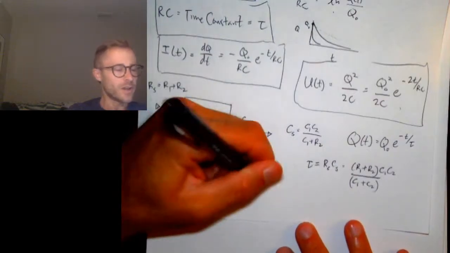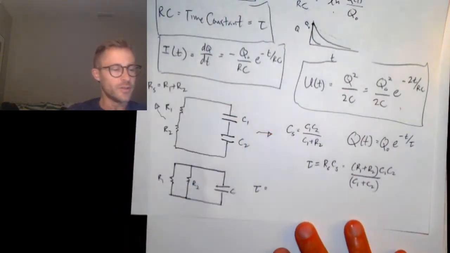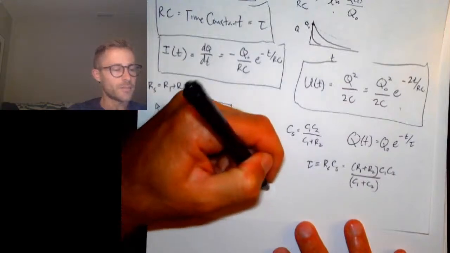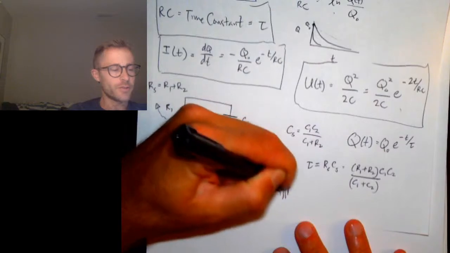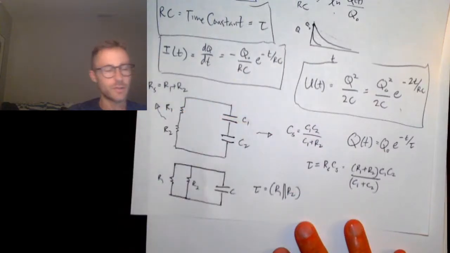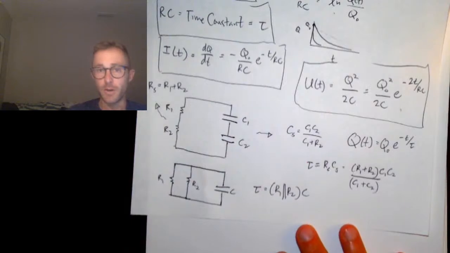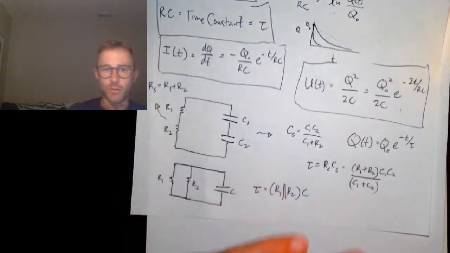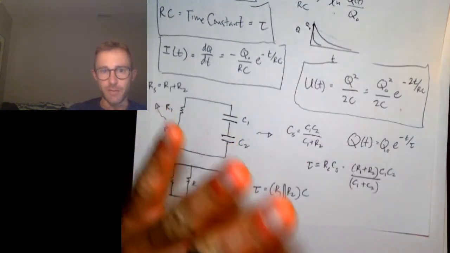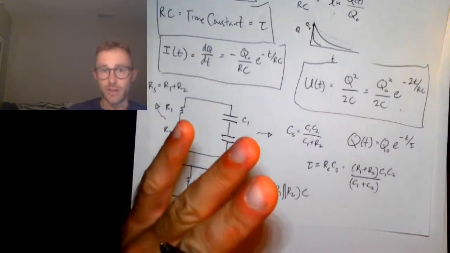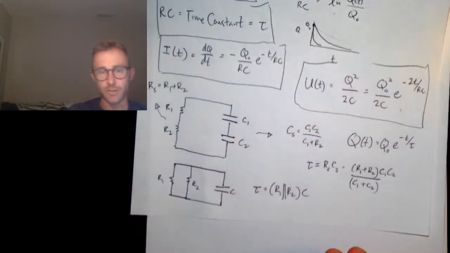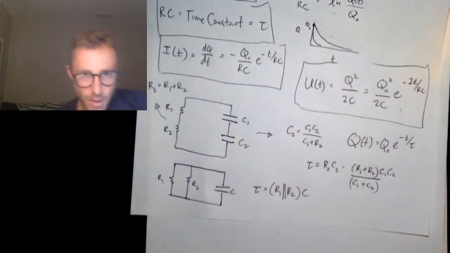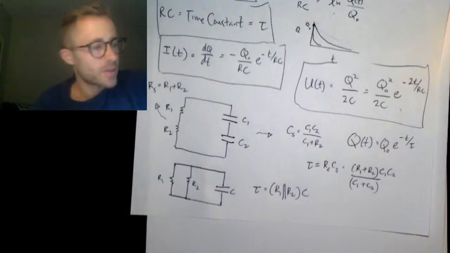So your time constant is going to be R1 in parallel with R2, whatever that resistance is, times C. Okay? So you always want to identify for your circuit what is the time constant and then plug it into the general form for the charge as a function of time. So that's how that works. Okay.